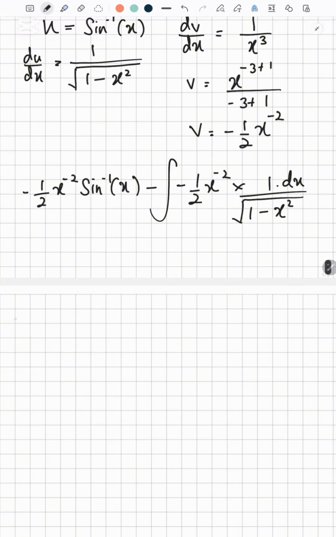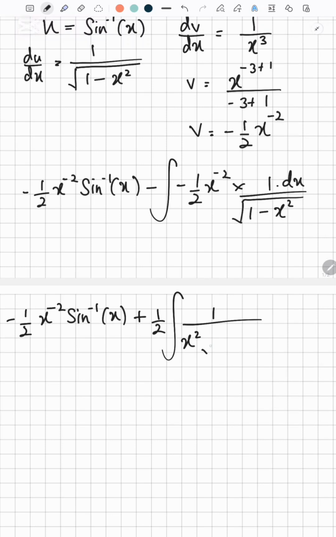So now we write again minus half x to the power minus 2 sine inverse x plus, we'll take the half outside, and now we have the integration of 1 over x squared root 1 minus x squared dx.